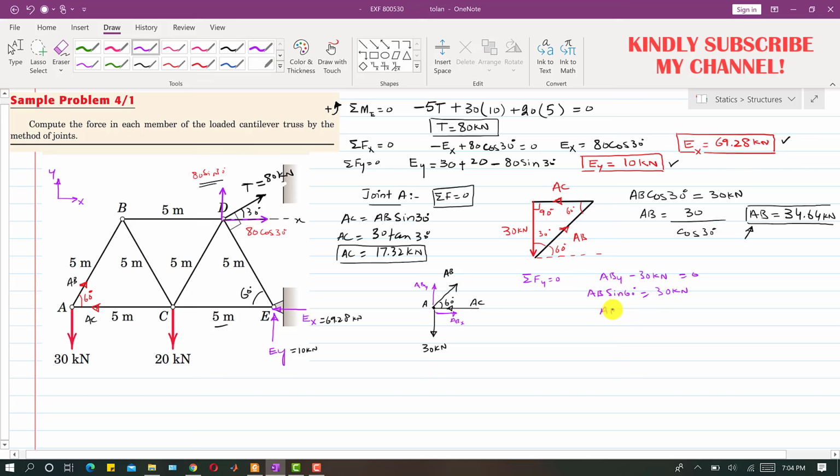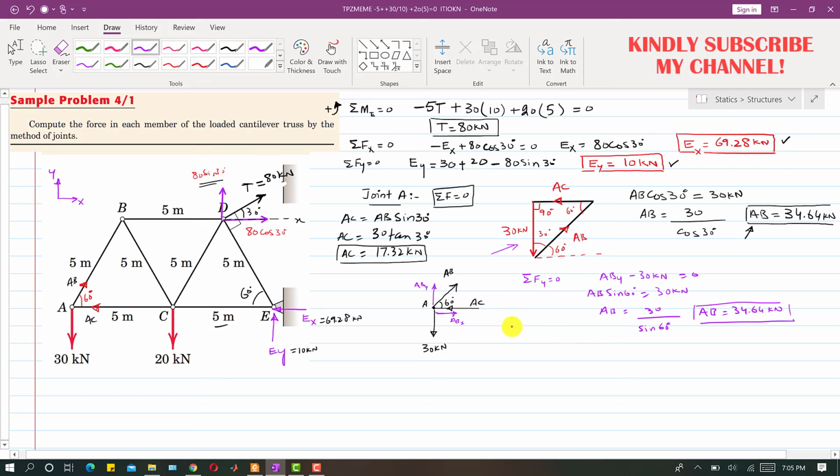So this means that AB is 30 divided by sine of 60 degrees, and this should give us this same answer. So this AB again comes out to be 34.64 kilonewton, right? So this method is also accurate, but this method needs some steps and also needs us to find the components of all the forces in each member, right? So I prefer this method, right?